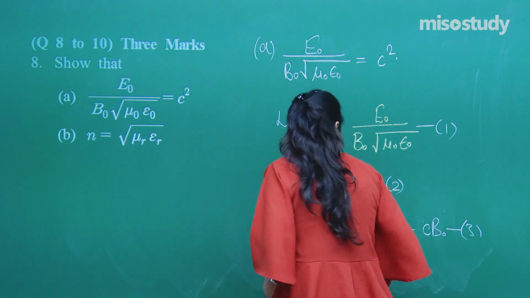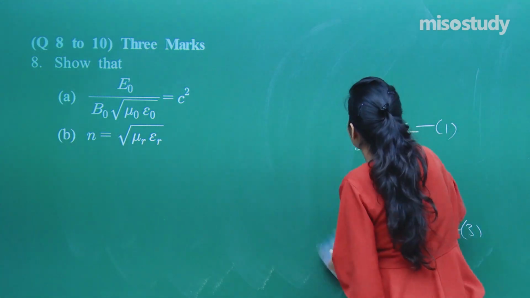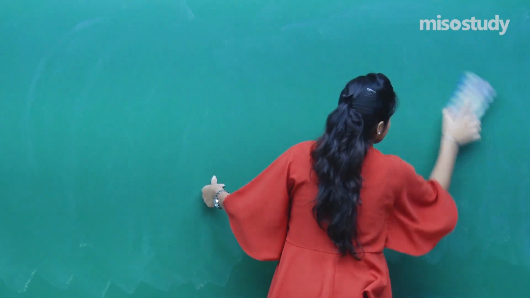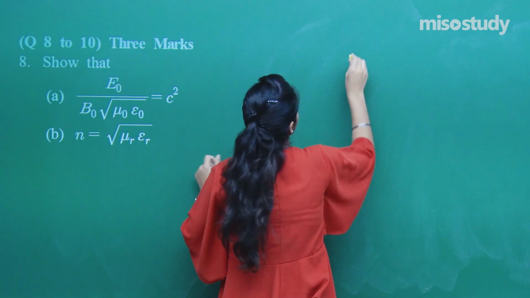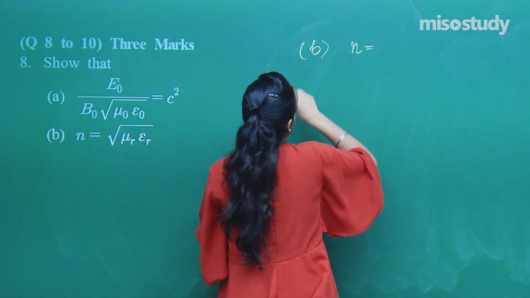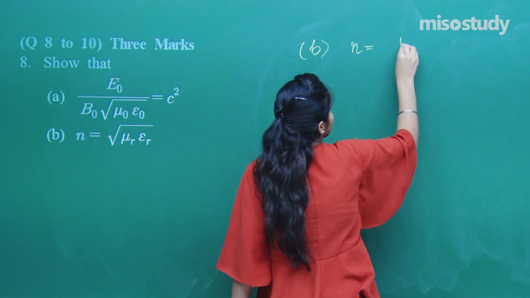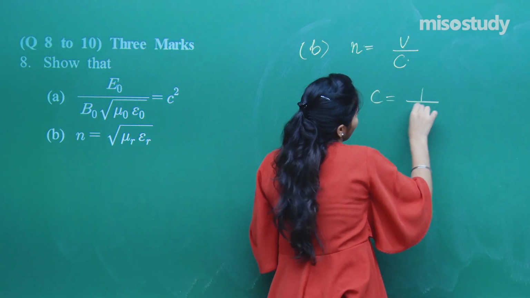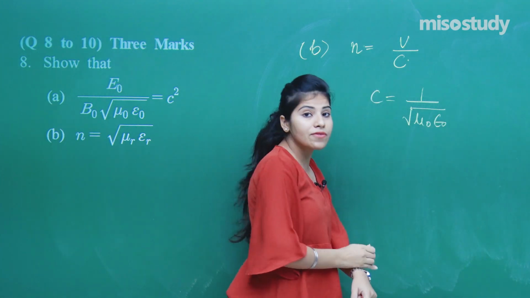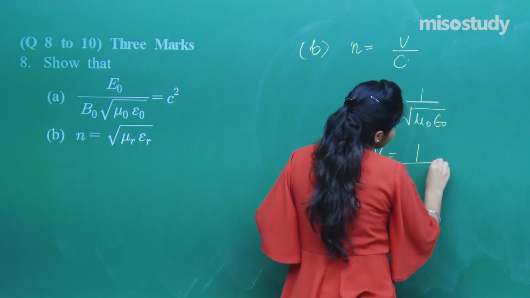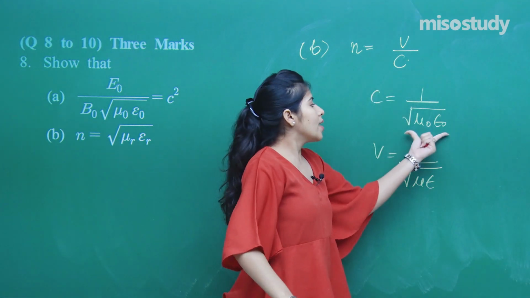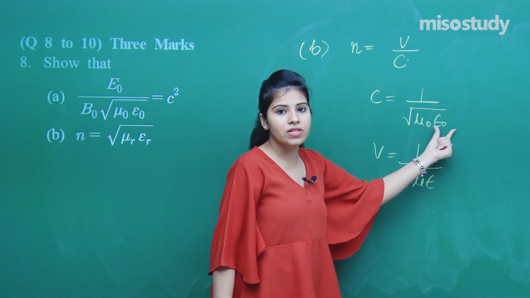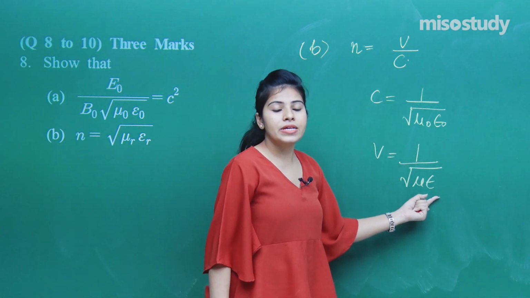Now the second part, which says that n equals to... We know that the refractive index is C upon V, where C is 1 upon under root mu naught epsilon naught, whereas the velocity is 1 upon under root mu epsilon, where mu naught and epsilon naught are the absolute permeability and absolute permittivity in free space, and mu and epsilon are in some material medium.